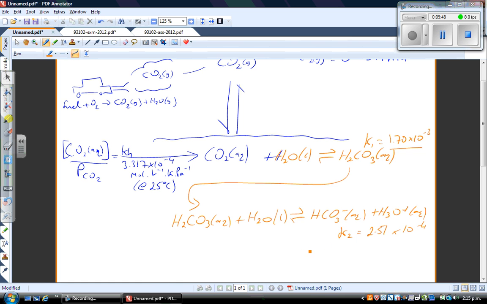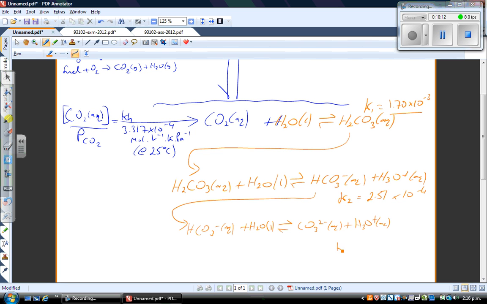So our third situation is the HCO3 minus aqueous plus H2O liquid goes to our carbonate ion, CO3 2 minus, plus our hydronium ions. And the K3 for that situation is equal to 5.62 by 10 to the minus 11.